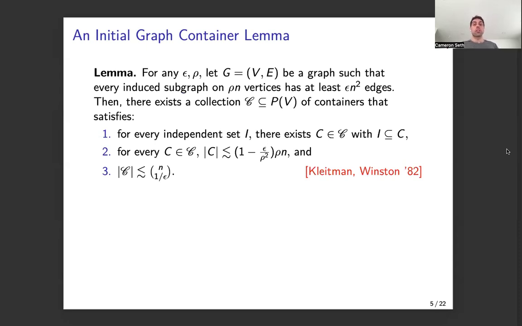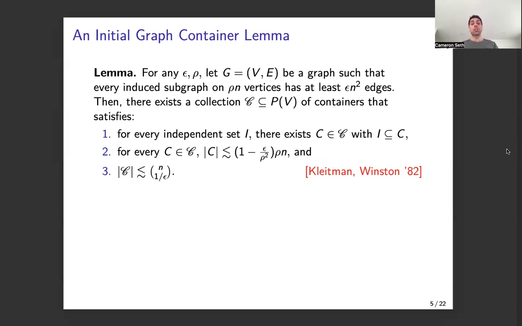Then there exists a collection of containers where each container is a subset of the vertices. And so the collection itself is a subset of the power set of the vertices. This collection of containers satisfies a number of nice properties. As I mentioned before, every independent set is fully contained in at least one container.